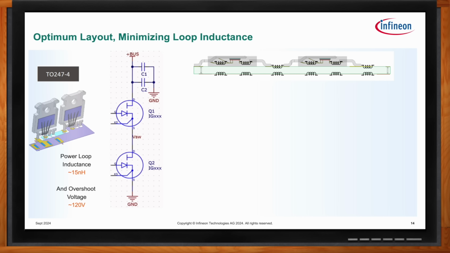Here is a cross-sectional view of a half bridge realized using topside cooled SMD devices, where power flows from the top right through the components and top layer traces and returns back to the decoupling capacitors through the immediate inner layer of the PCB. This arrangement allows for magnetic flux coupling between the inductor elements on the top layer and the bottom layer, resulting in higher mutual inductance, which in turn leads to lower loop inductances.